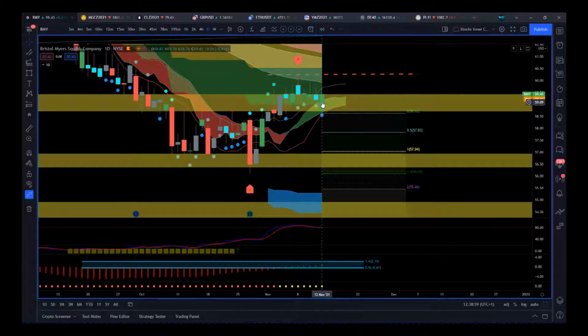It did engulf Thursday's candle as well, so we've got a good opportunity to go short here at 58.62. If that turns back around and comes back down through this zone, the 64 moving average, this red moving average that's part of the Elliott Wave indicator suite, and we would be below the red one for the shorts, that's a good conservative entry.